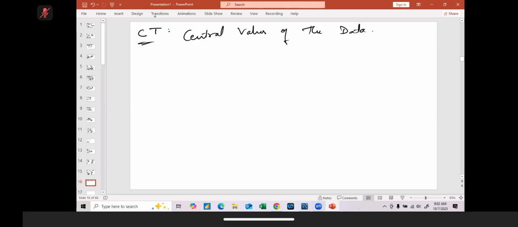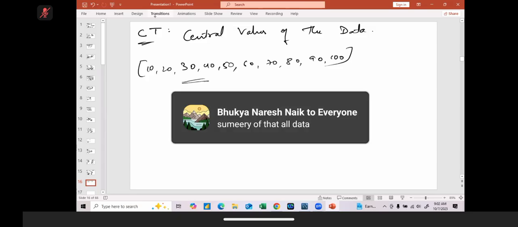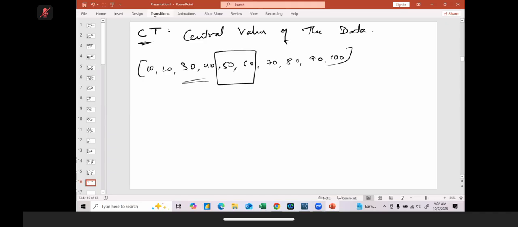Meaning of this? For example, we have a data set 10, 20, 30, 40, 50, 60, 70, 100. Central tendency always talks about the mid portion, the central portion of our data.